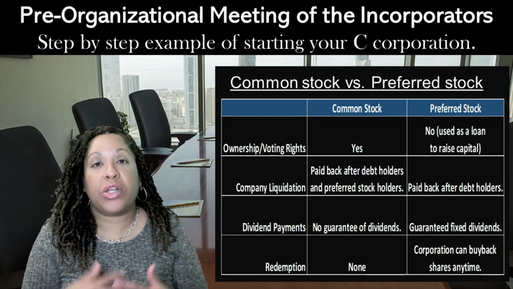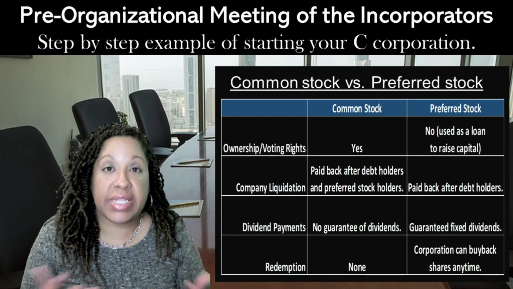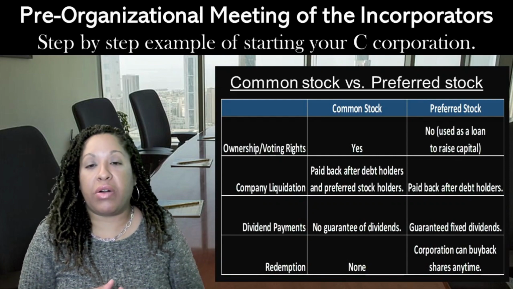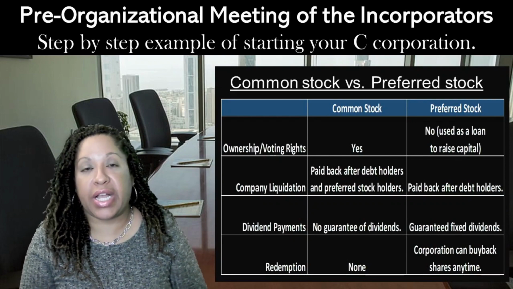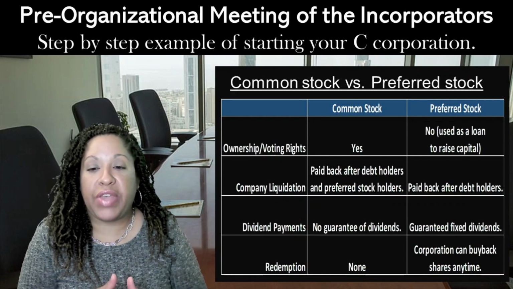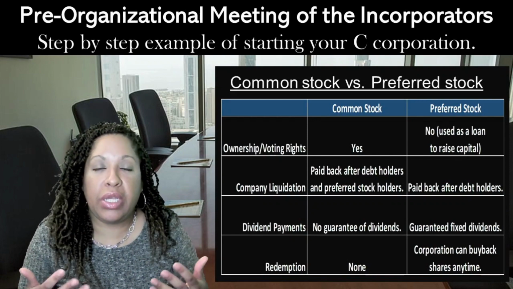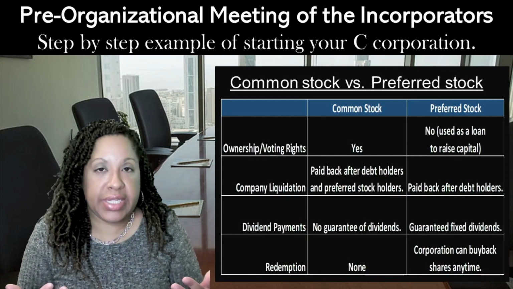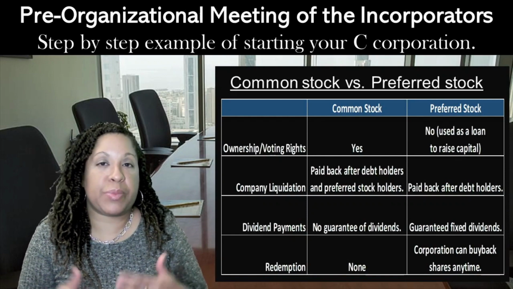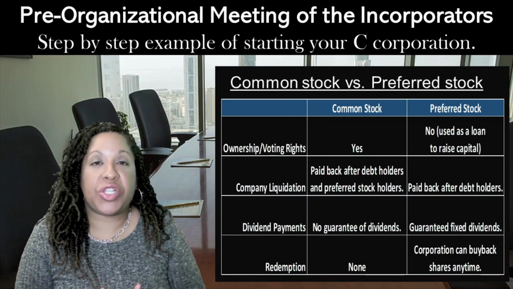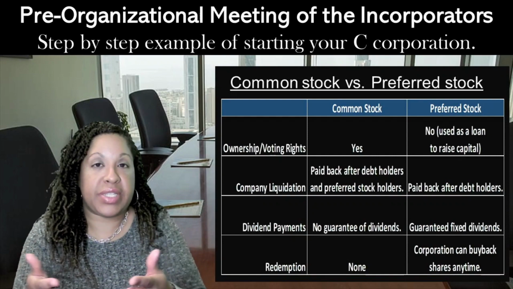So that's a quick overview of how common stock works versus preferred stock. I just wanted to make a side note of that, but it's really not a big deal right now in the early stages of forming your corporation, especially when it's a small corporation. You don't have a whole lot of activities such as this.